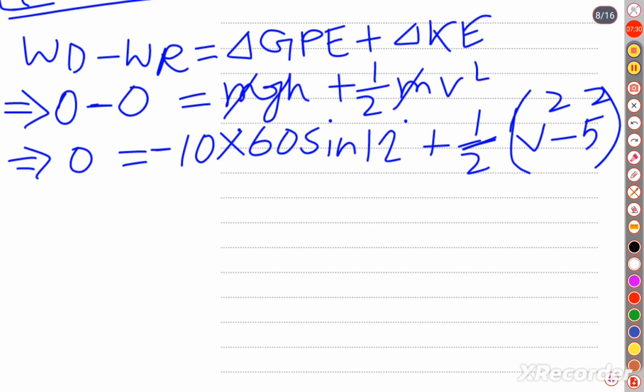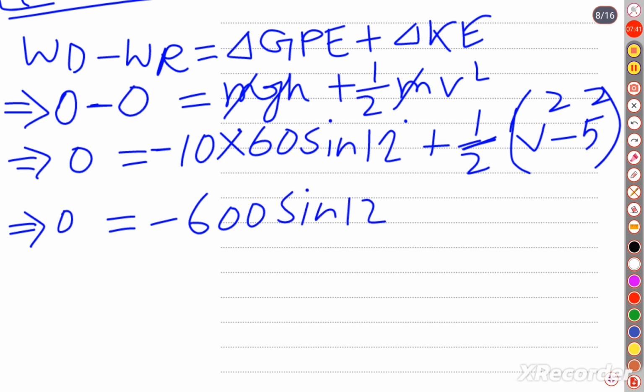After that we will get 0 is equal to negative 600 sine 12 degree, plus v square over 2 minus 5 square, meaning 25 over 2.